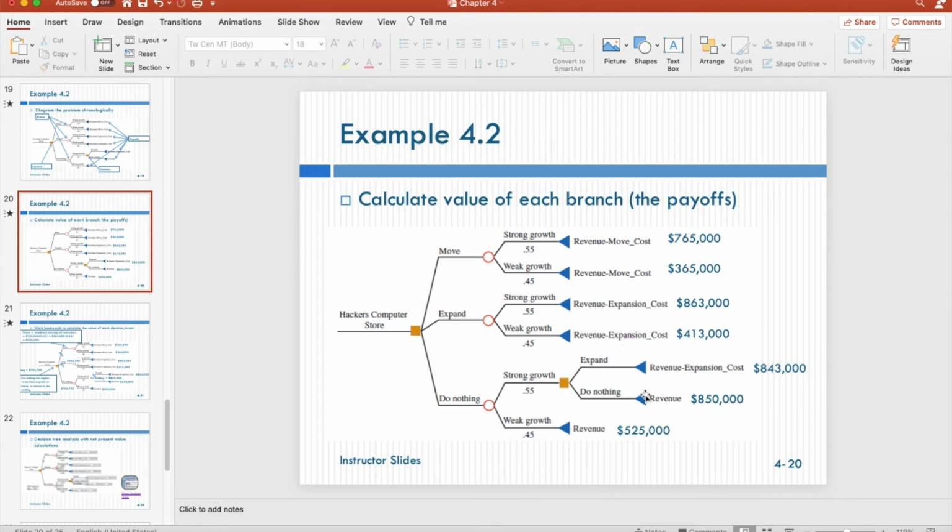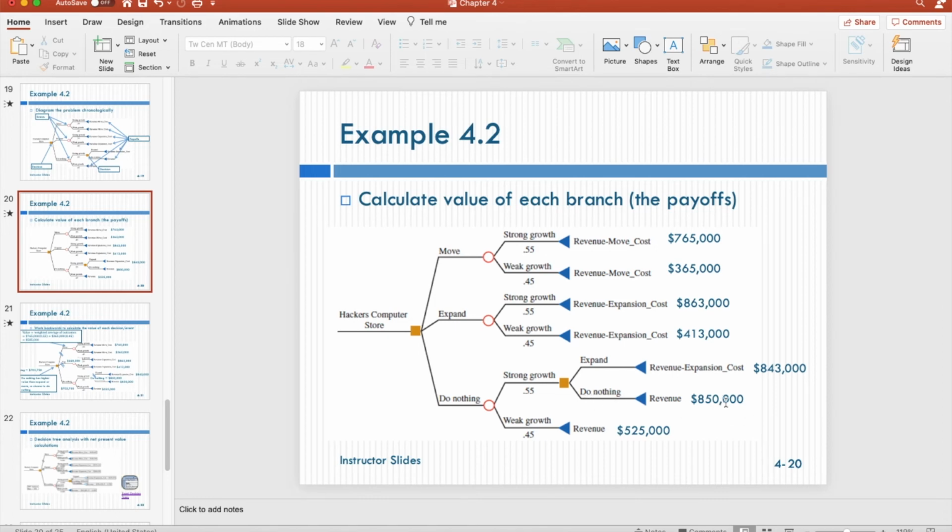I will always choose the way that can provide more profit from the business point of view. So here, if I expand, I will get 843,000, but if I do nothing, I will get 850,000 in profit. Which one should I choose? Of course, do nothing, right? Because if you do nothing, your profit will actually be higher.